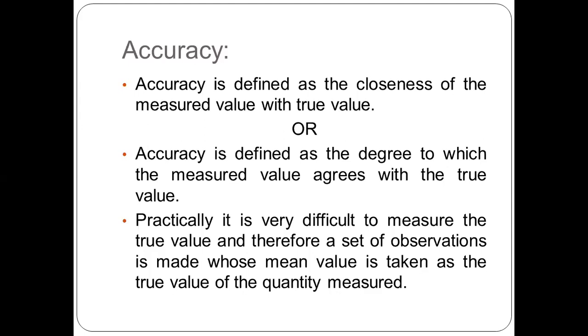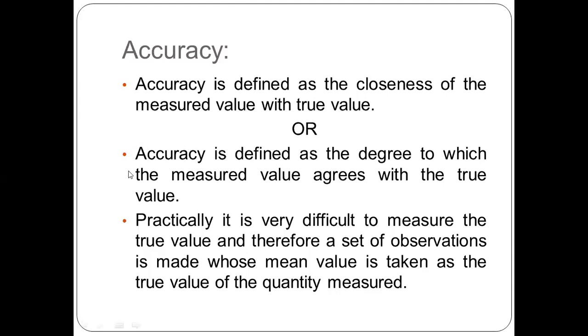Again here it is explained as accuracy is defined as the degree to which the measured value agrees with the true value. So the degree of accuracy is related to how near the value is to the true value of your object.